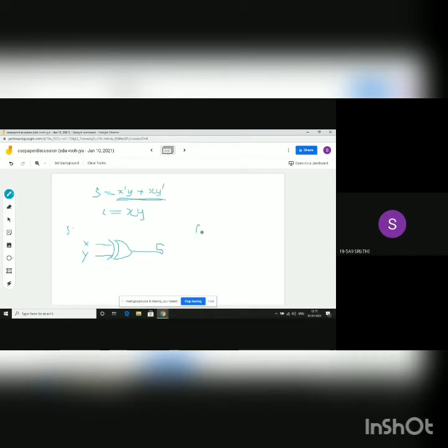Now for carry, we have an AND operator, that is x, y. We get the carry. So these two are the logic gates.